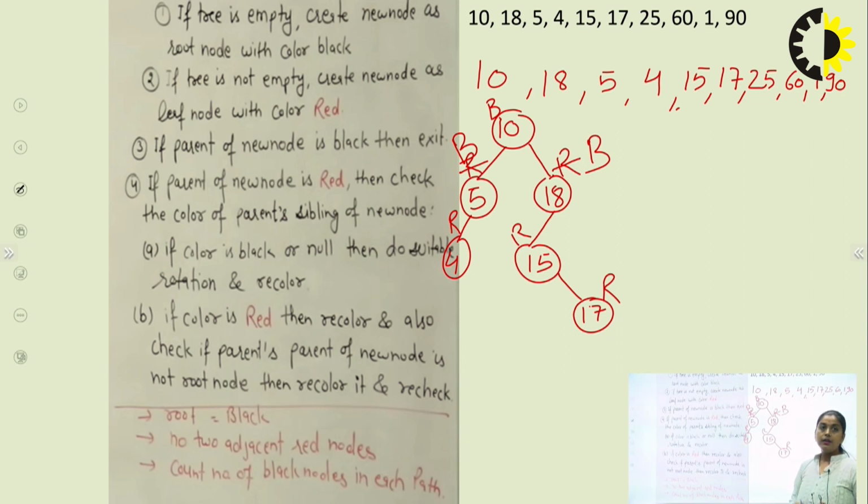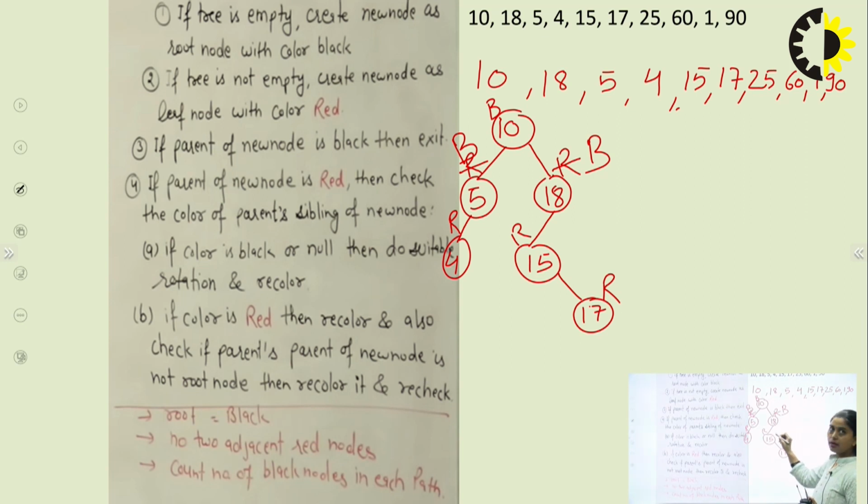Now in the AVL tree, just recall the AVL tree. Which type of rotation is required? As you see, first thing is which property is violated, the red-black property: no two adjacent red nodes, but we have two red nodes in adjacency, right?